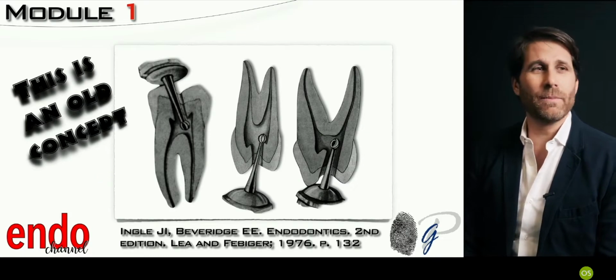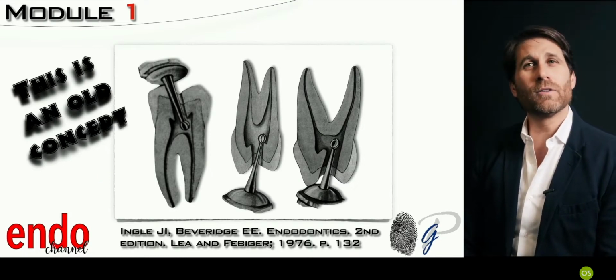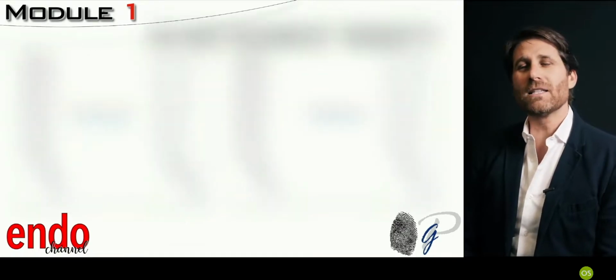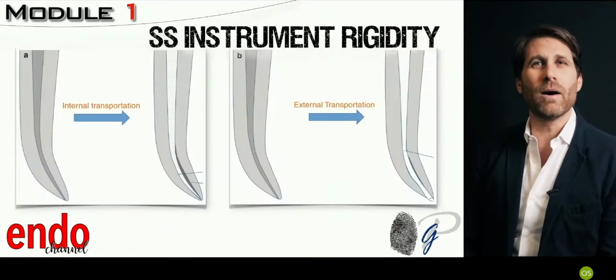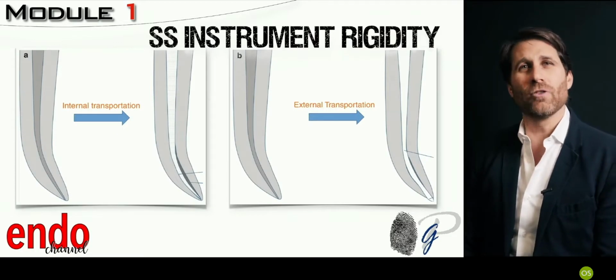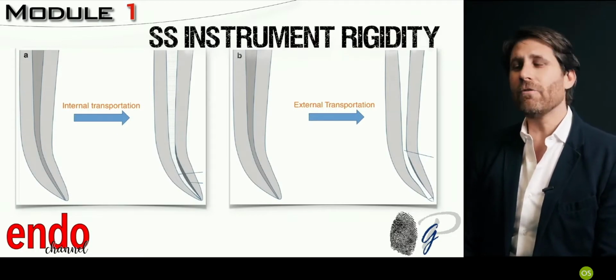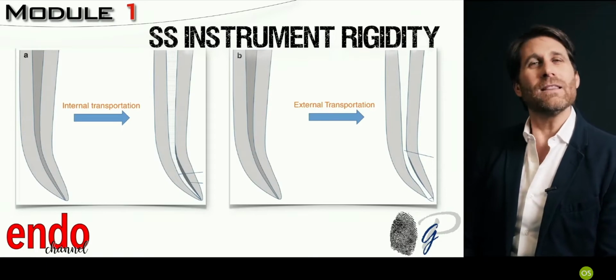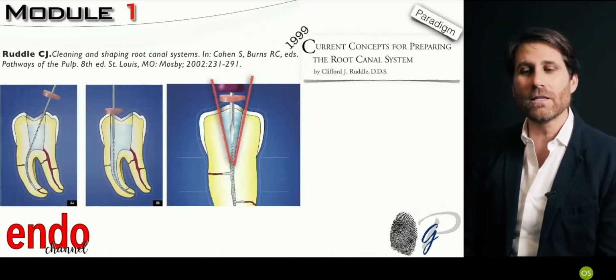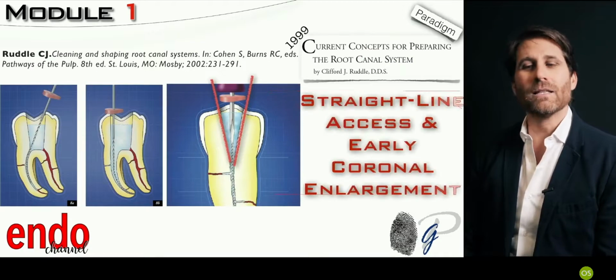This concept was introduced because of the rigidity of the stainless steel instruments that we used in the past for root canal instrumentation. These instruments were very rigid, and given this limitation, we needed to open a bigger access cavity with a predefined shape with an early coronal enlargement to reduce the risk of transportation inside the root canal given the rigidity of the file.